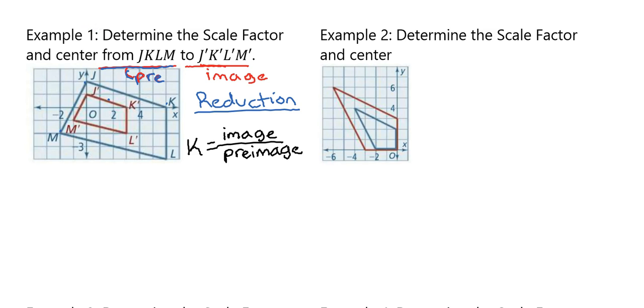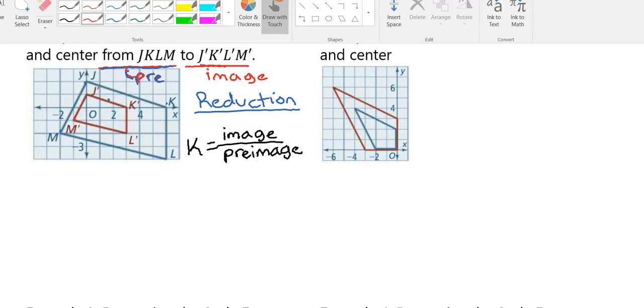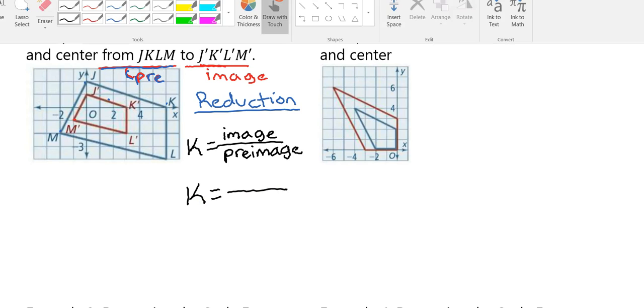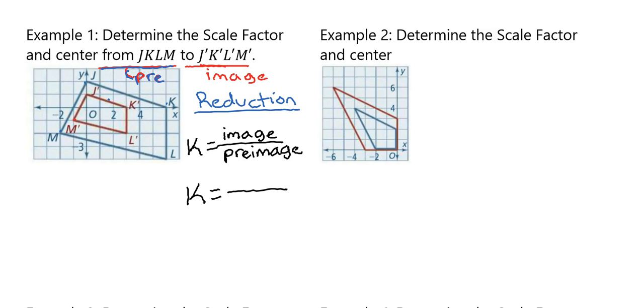I'm going to start with my image, in this case the red one, and I'm going to choose the point M. So K equals, my image, my point M is at -1, -1. And then in my pre-image, my point M is over 2, down 2, so it's at -2, -2.